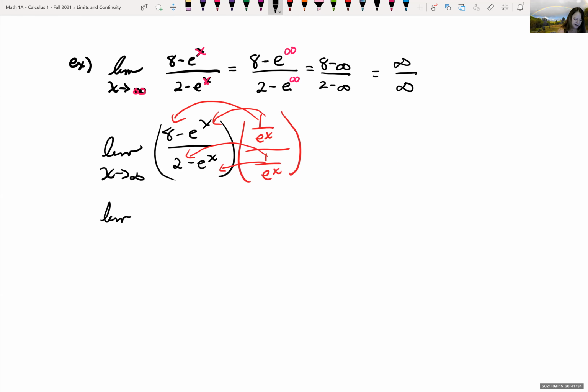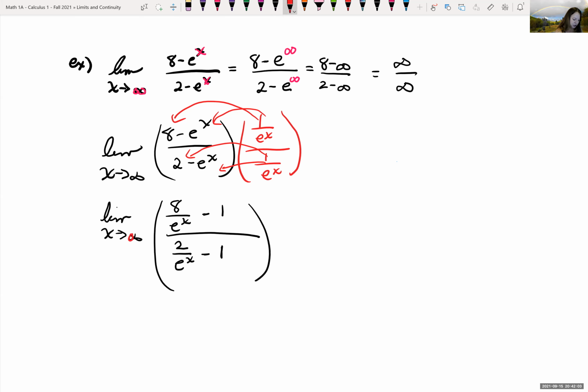So we have this limit as x is approaching infinity of 8 all over e to the x minus, well, e to the x over e to the x is just 1, all over 2 times 1 over e to the x, which is 2 all over e to the x, minus e to the x over e to the x, which is just 1. Now when we do that direct substitution, recall as x is going to infinity, e to the x is also going to infinity.